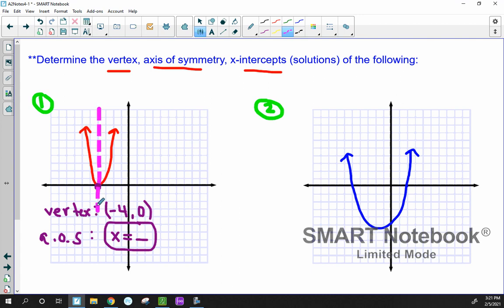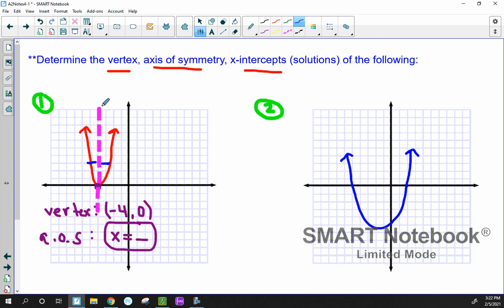That axis goes through the middle, and it should be the same distance from any random point on this graph. Like the distance from this point to the axis is the same as the distance from this point to the axis, or it should be. I think my graph's a little bit off, but that's supposed to happen. This distance is the same as this distance.